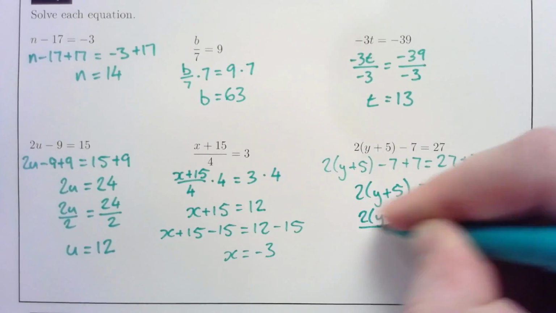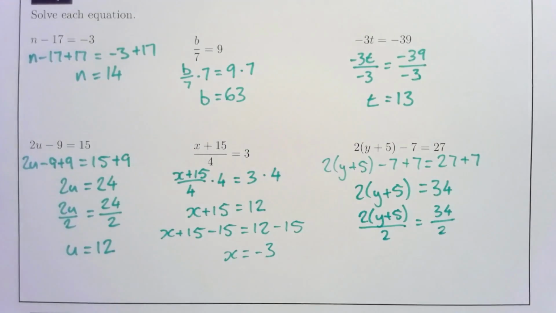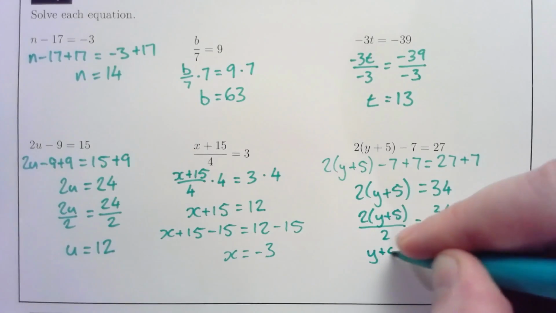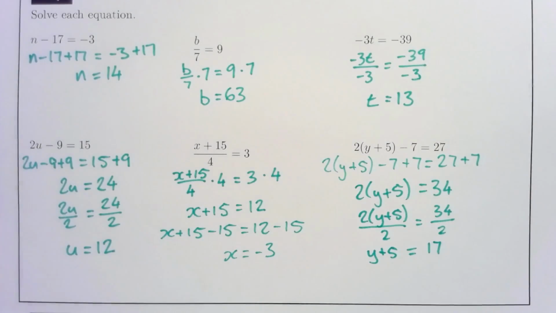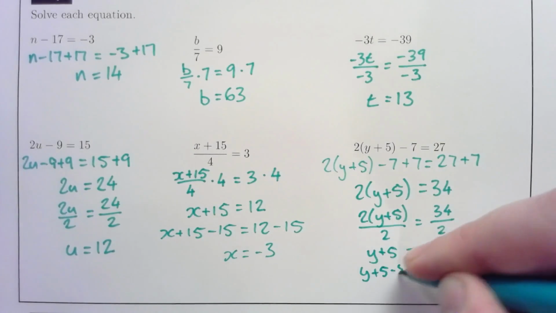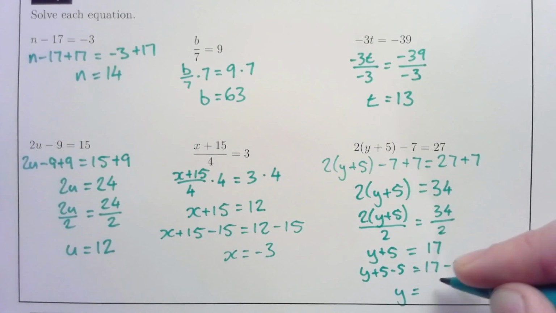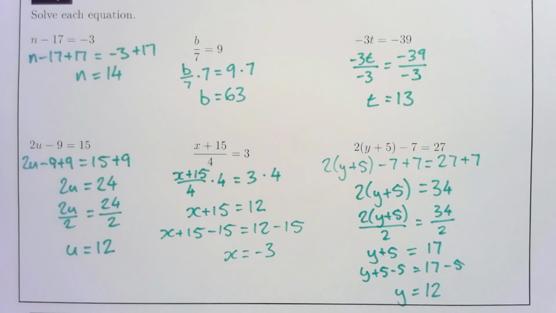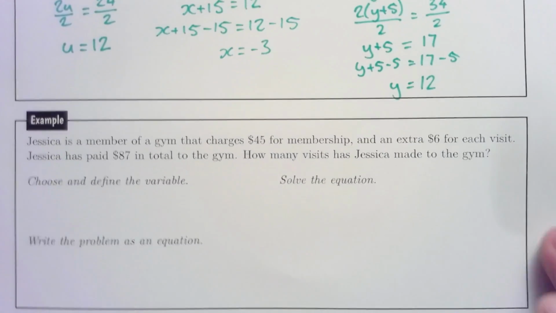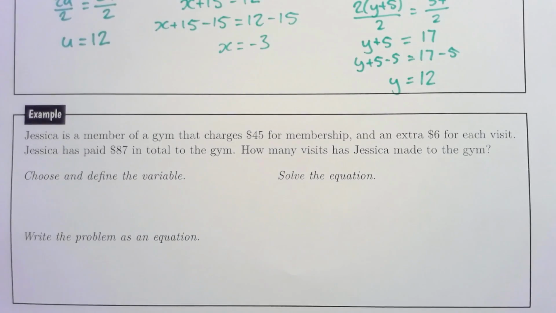So we do the inverse, which is dividing by 2. 34 divided by 2 is 17. So y plus 5 equals 17. Finally, the inverse of adding 5 is subtracting 5. Applying this to both sides, we get that y is equal to 17 subtract 5, which is 12, which is our solution.